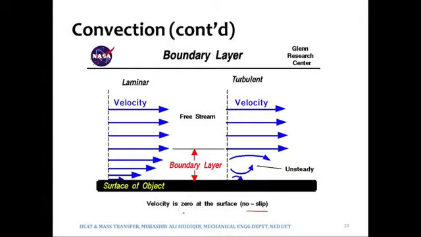So the velocity of the fluid which is in direct contact with the surface, the relative velocity between the two would be zero. And the heat transfer will take place from the surface to the very first layer of the fluid via pure conduction, and then it would be conduction augmented by or supplemented by the bulk fluid motion, which we call convection.